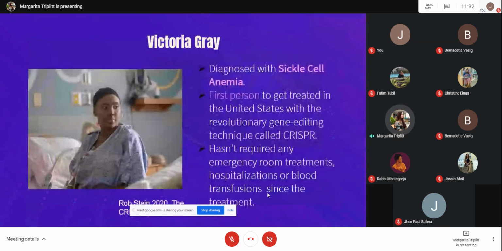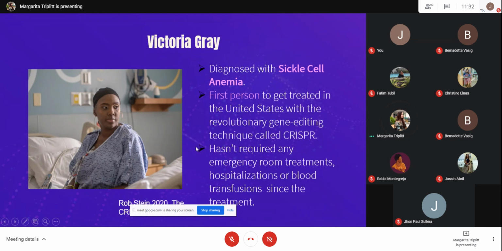Next, we have Victoria Gray, a survivor of sickle cell anemia and the first person to get treated in the United States with the technique CRISPR-Cas9.